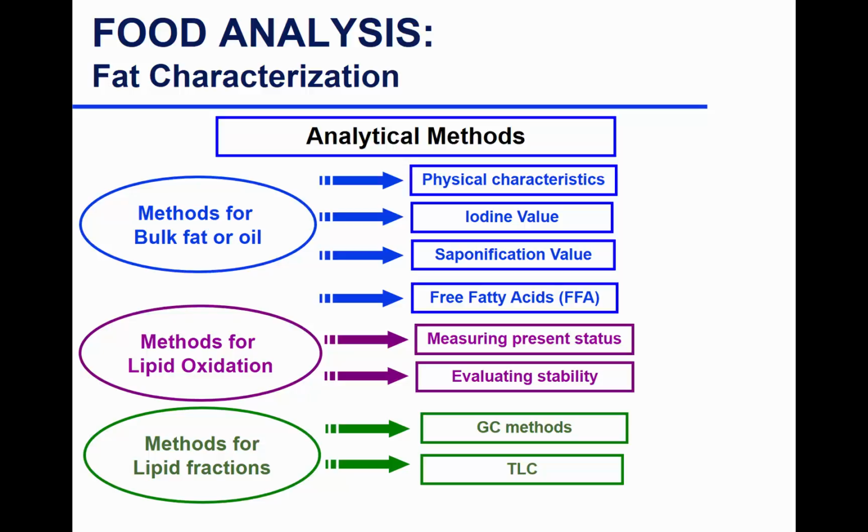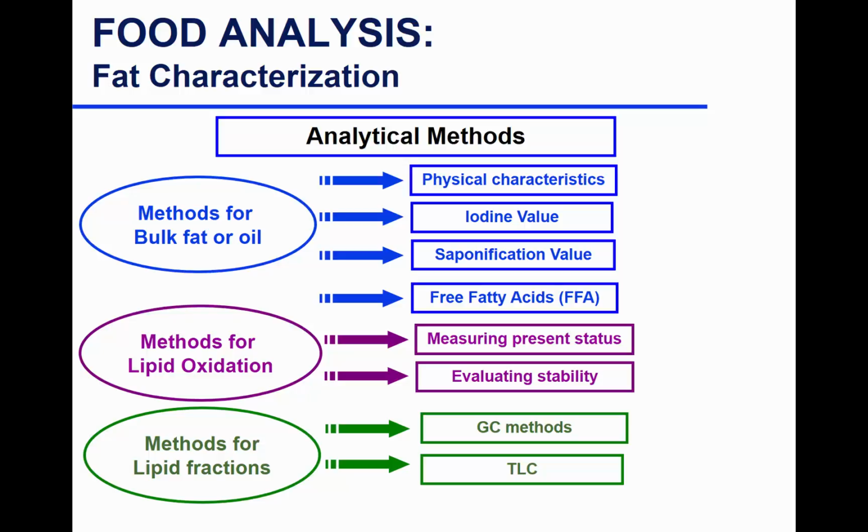We're going to talk about how we assess lipid oxidation, the present state. That means the state of the oil right now in terms of oxidation. Or evaluating the stability, how long this fat or oil can be stable, what's the induction period, the period before the oil gets oxidized under particular conditions in the presence of antioxidants.